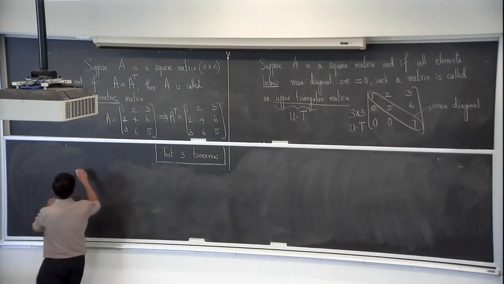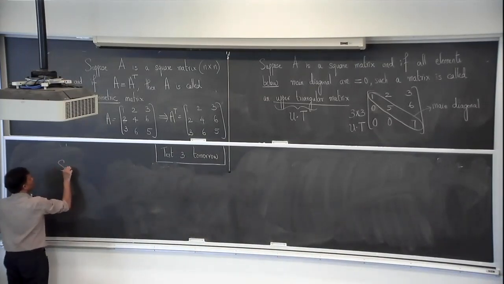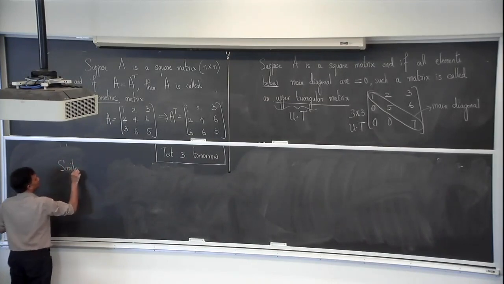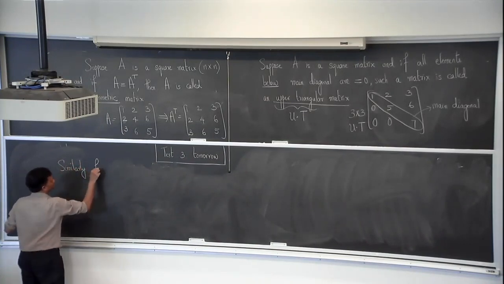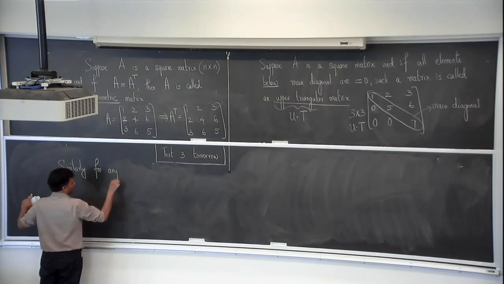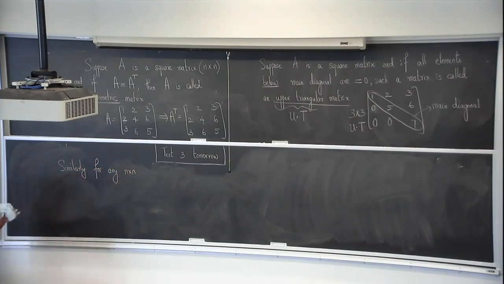So similarly, for any n by n matrix A, all these are only applicable to square matrices, because only then can we really define a main diagonal.